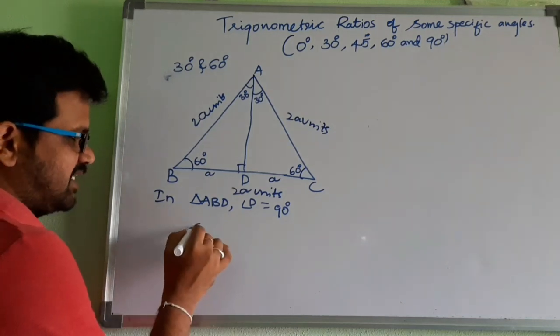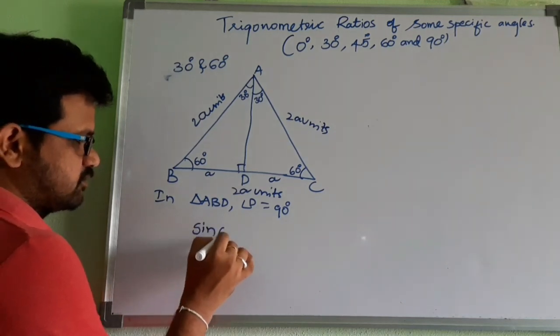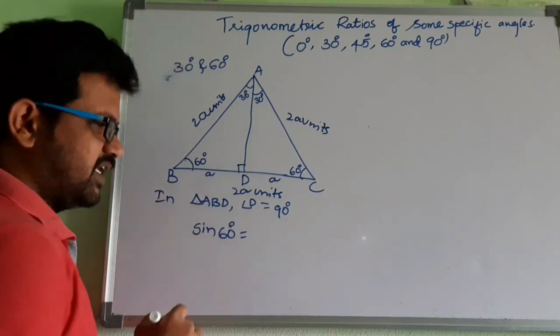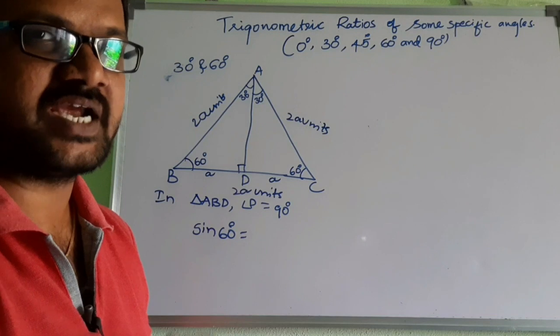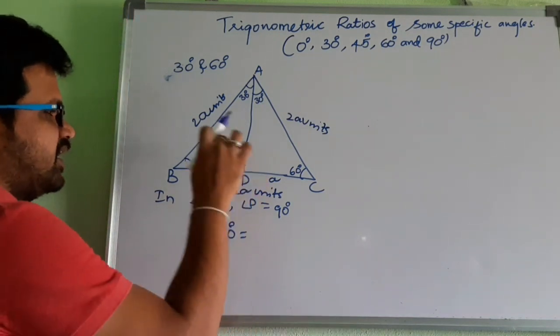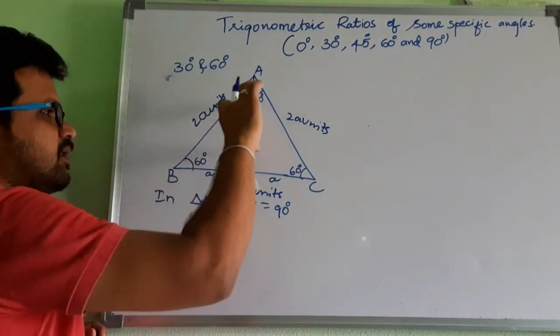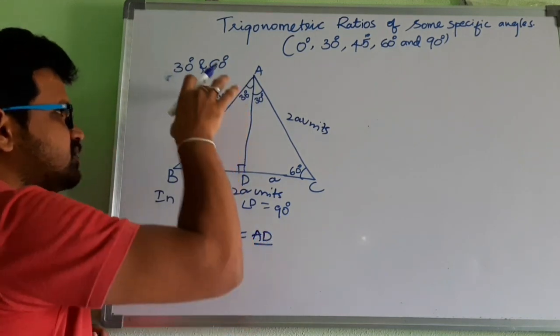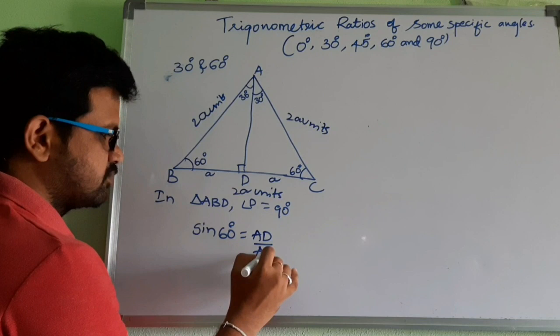Suppose you take sine 60 degrees, what is the ratio? Sine ratio is opposite side by hypotenuse. What is the opposite side with respect to this angle? AD. AD by hypotenuse, which is AB.